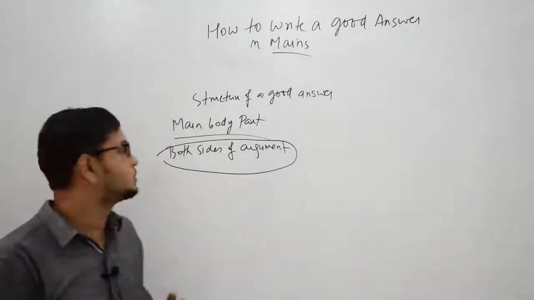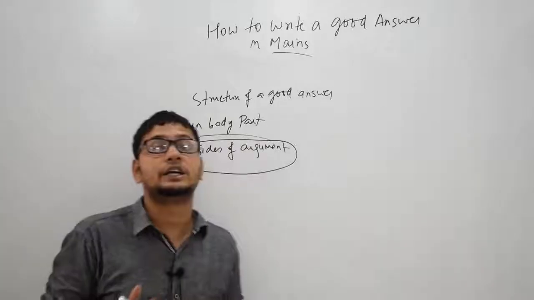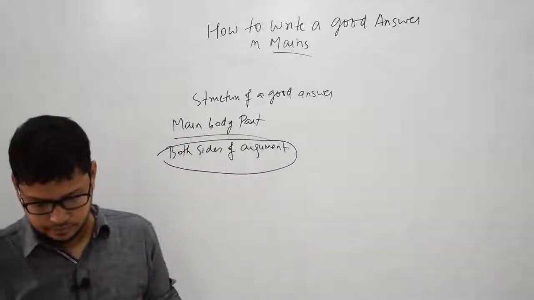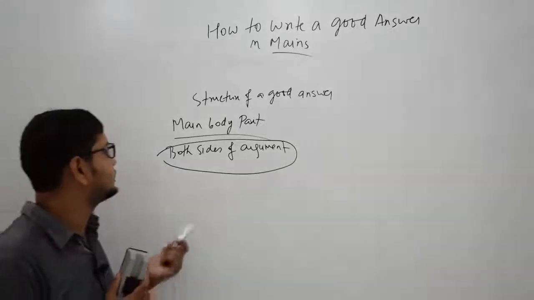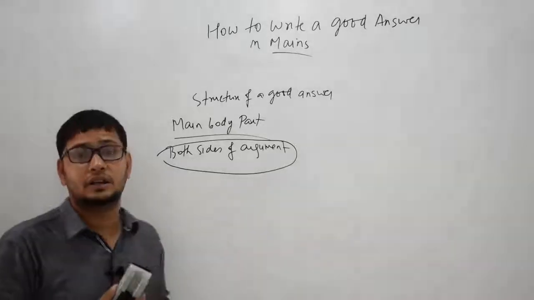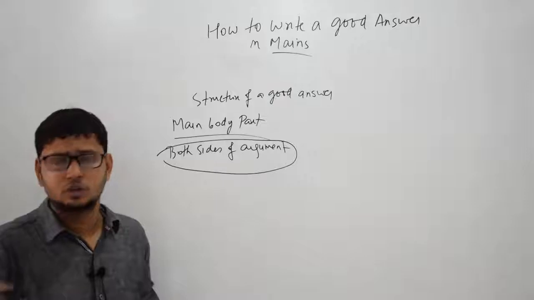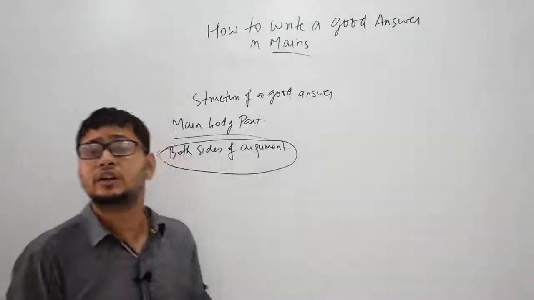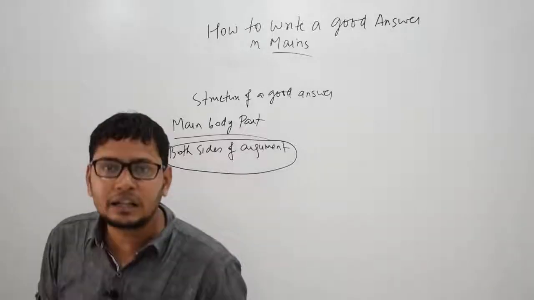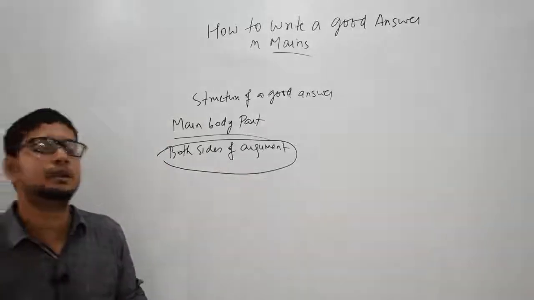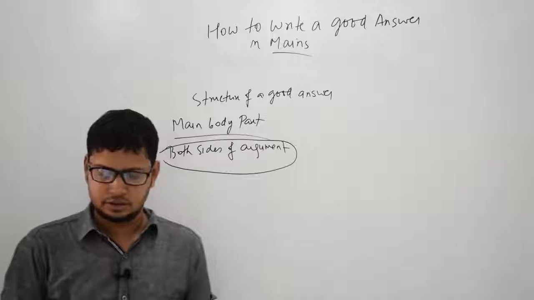You will have to present both sides of the picture. So suppose there is a question on lateral entry, like we have discussed. You have to take both sides, the arguments in favor and the arguments against, and then in the conclusion part you can mention your own stand.